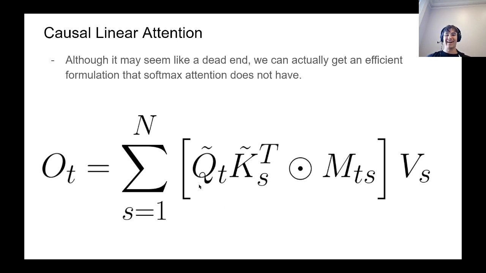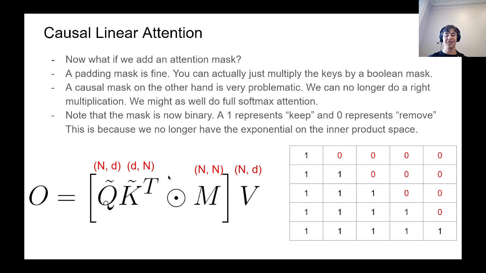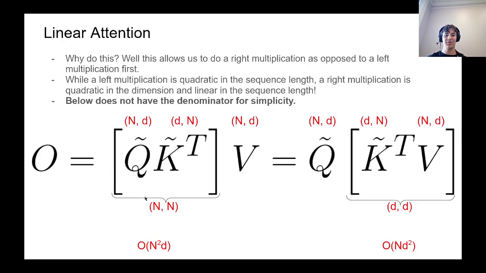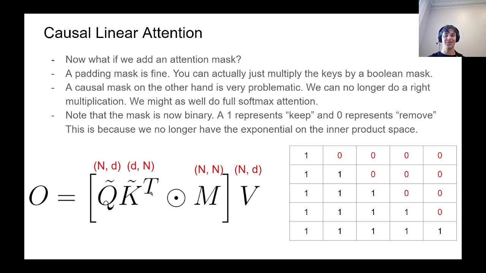So this is annoying. It may seem like a dead end because, here, what I said is you can do qk transpose, and you can swap the order of operations, and you do k transpose v. So here you can't do that. You have to explicitly compute this. The reason you can't is because you can't decompose this mask into a vector on n.